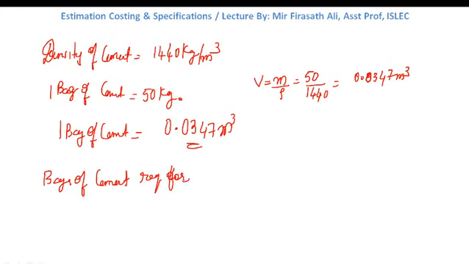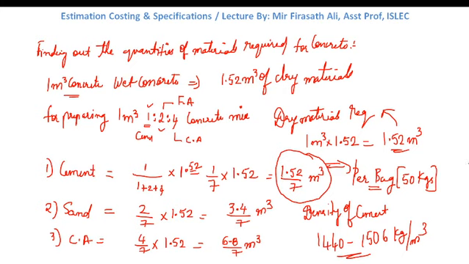So if you want to calculate how many bags of cement are required for 1 meter cube of concrete, how do we get it? What is the volume of one bag? Volume of a bag is 0.0347, into the amount of cement present in 1 meter cube of concrete.